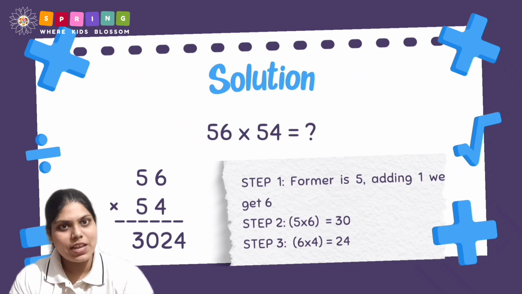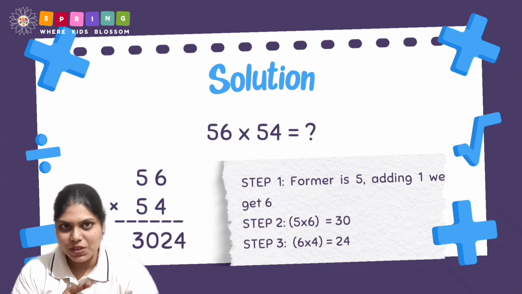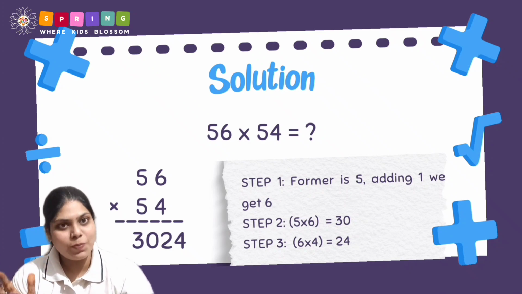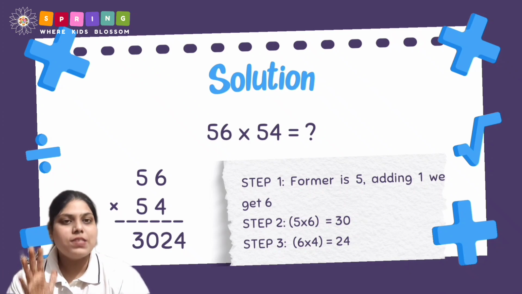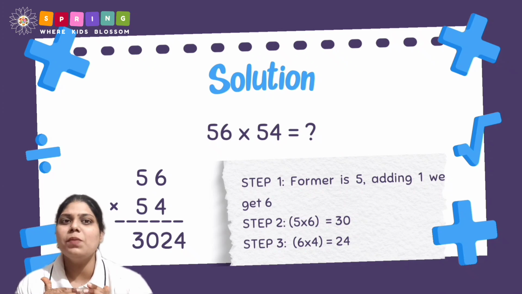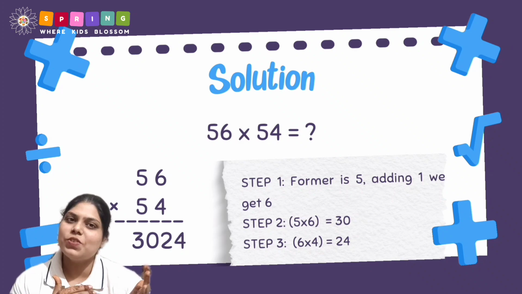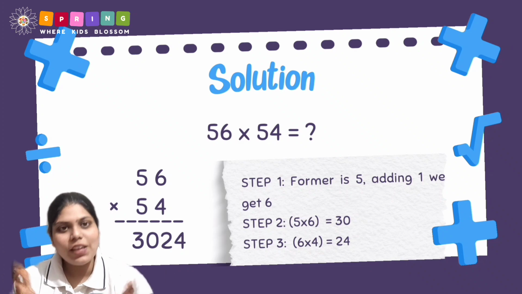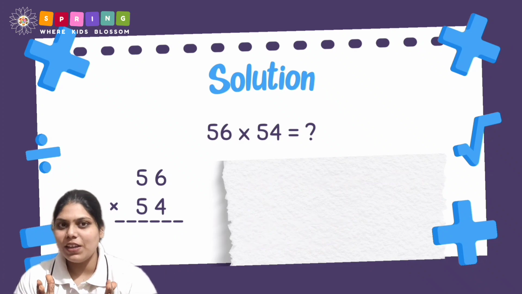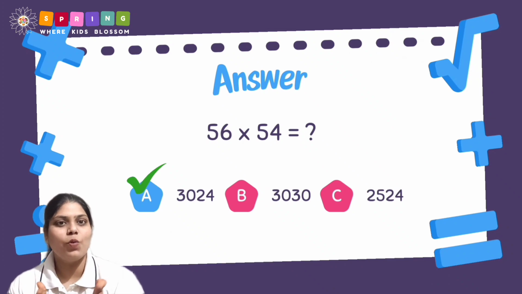Now in the last step, we will see the latter numbers, that means the numbers in the ones place, which are 6 and 4. When you simply multiply them, you get 6 into 4, which is 24. So combining all the numbers, you get the final result of multiplication, that is 3024.